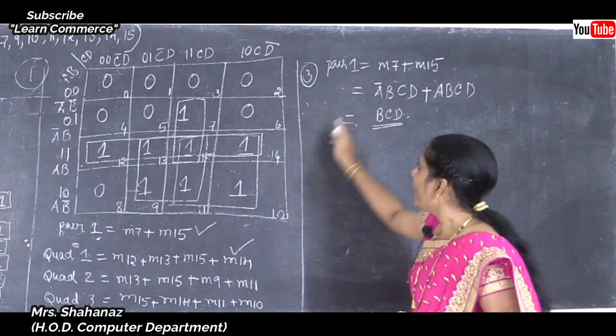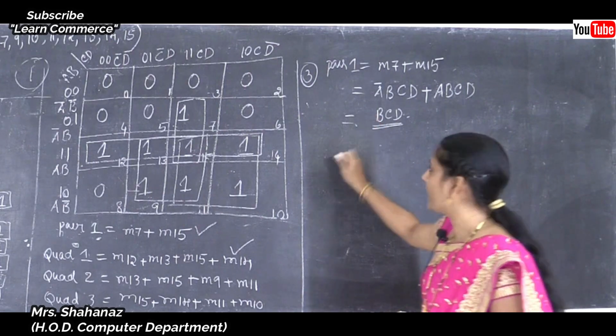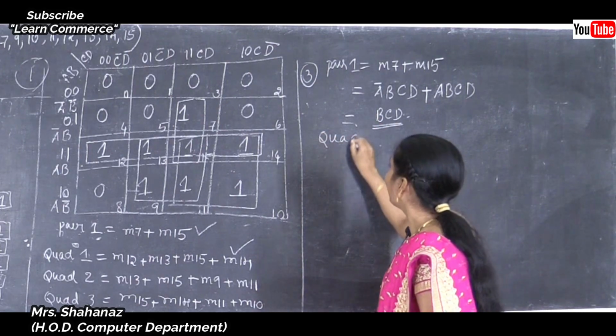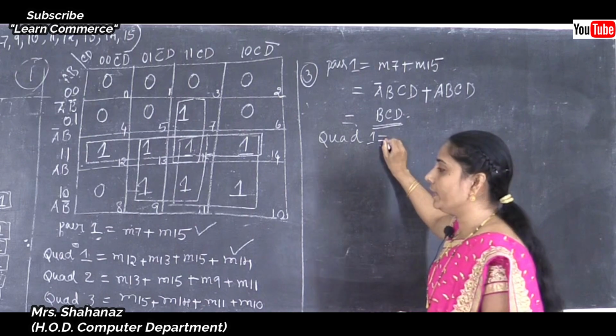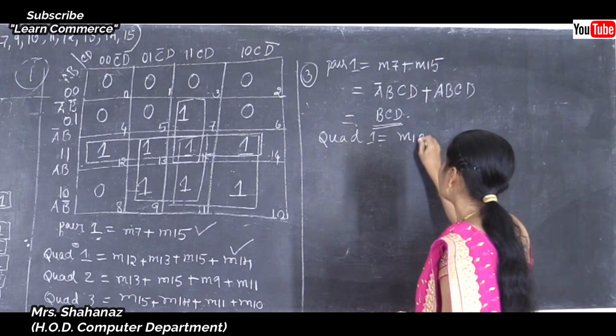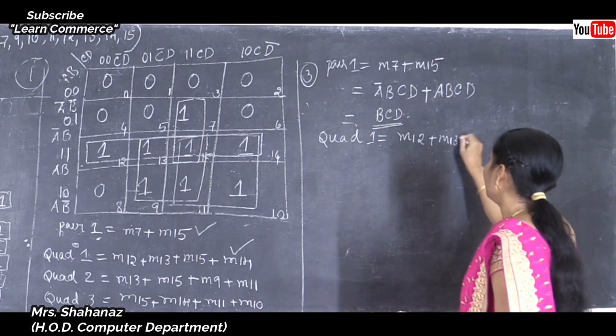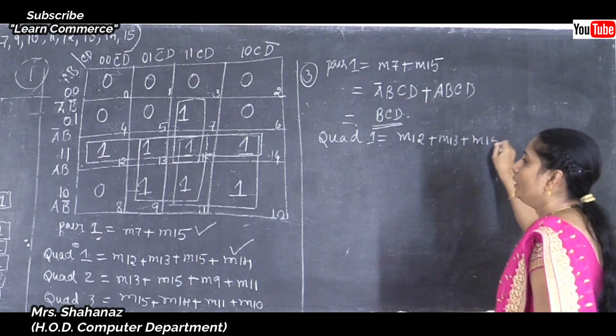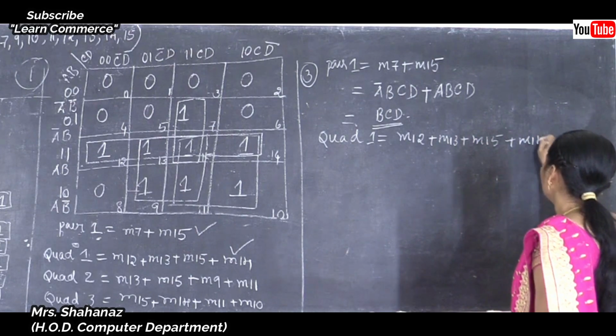Now after knowing our pair answer, we are going to search for the quad 1, and we know that the quad 1 is very simple, that is M12 in a horizontal manner, M13, M14 and M15.